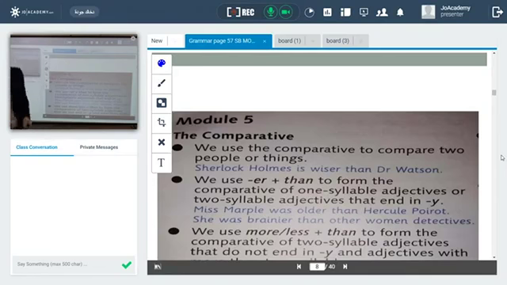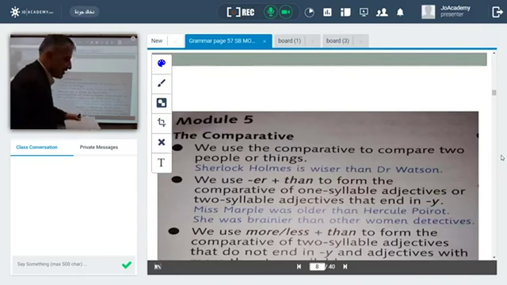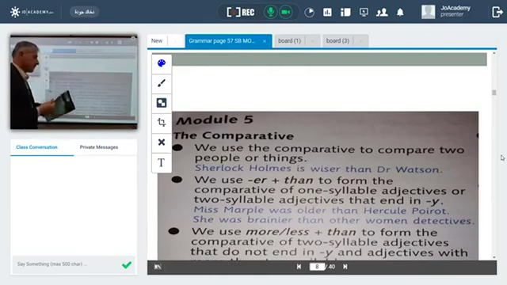Here in the grammar rules, if you go to module 5, in the student's book, page 87, we have the comparative.